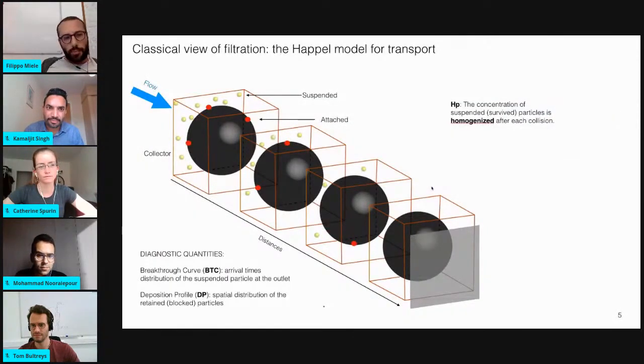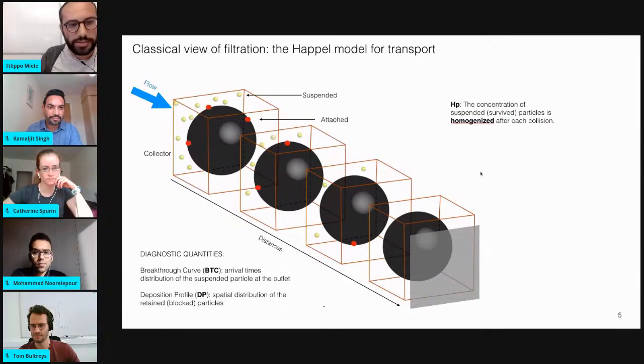Now, in this framework, filtration by the porous media is just a sequence of scattering events. And the two main diagnostic macroscopic quantities that describe filtration are the breakthrough curves, which is the distribution of arrival times at a given distance at the reference plane, and the deposition profile, which is the concentration of the attached particles along the distance of the filter.